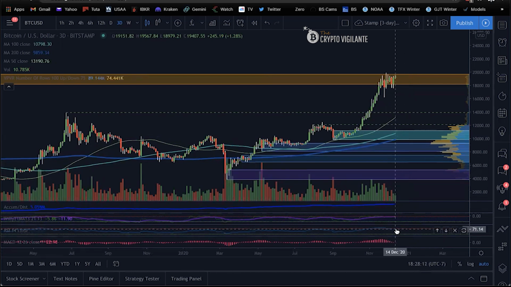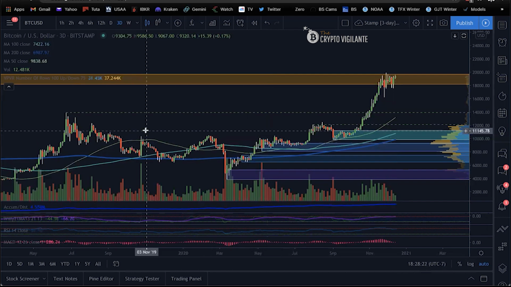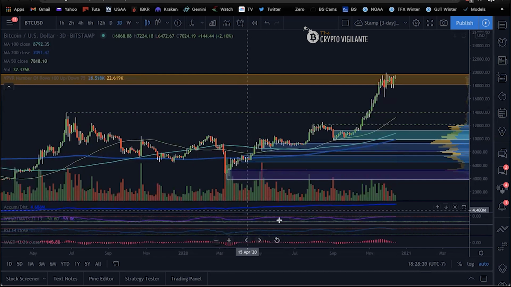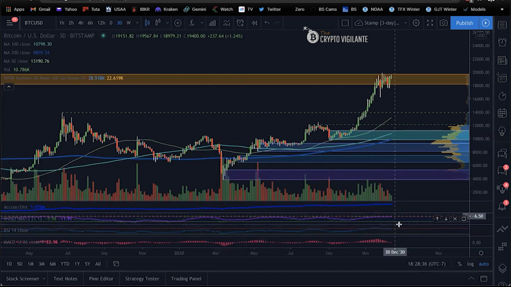You can see we're just under overbought, but the key is that these oscillators mean different things in different market conditions. If we were in a trending market, like we were all throughout 2020, pretty much all of 2019, then these overbought and oversold readings start to matter a lot more when both of these get up into this top sector.